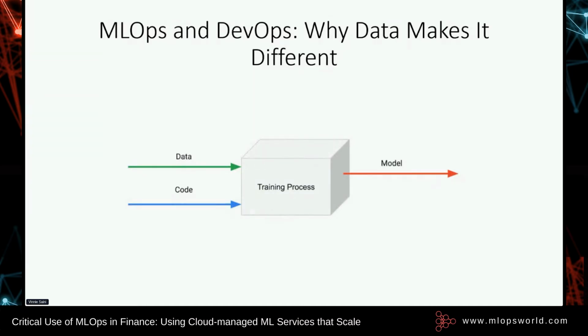And that training data is the most critical component, because it will affect the behavior of the model in production. And that's where the business impacts will come in. That's where we want to see the results come from. So data is what makes MLOps and DevOps critically different.